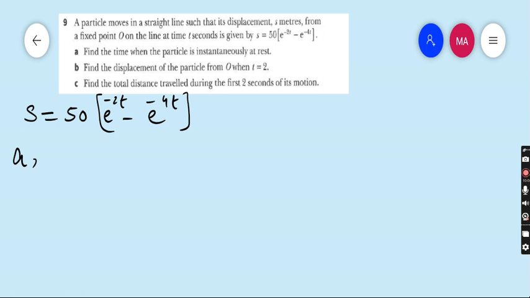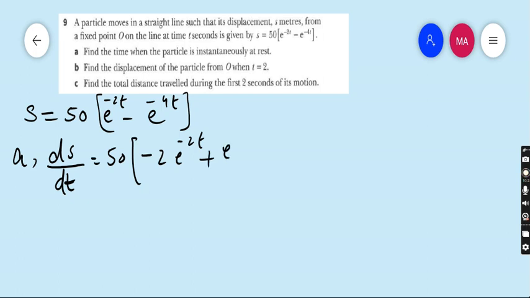So first differentiate this displacement by t. So ds by dt is equal to 50, e power minus 2t derivative is minus 2 e power minus 2t, and e power minus 4t is minus 4 e power minus 4t, so minus minus plus e power minus 4t.